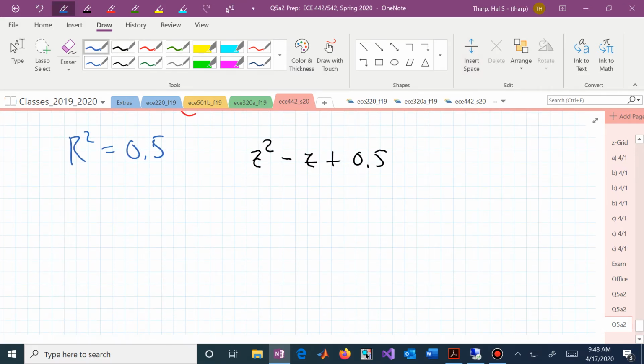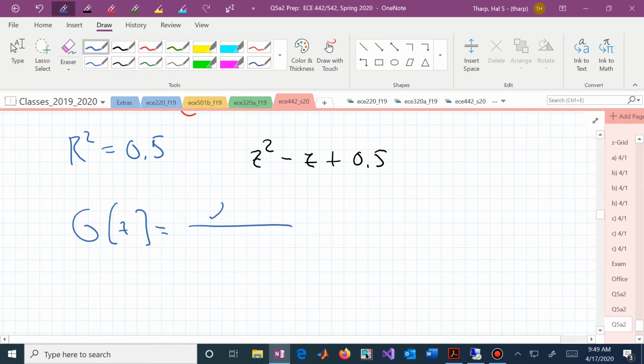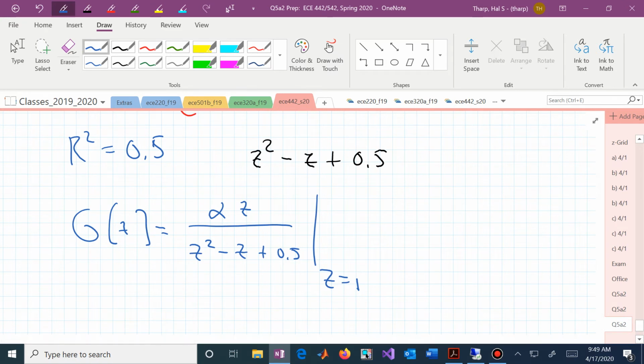We're now almost home. We know G of z's denominator. What we don't know is that alpha, but we know how to find it because we now know the DC gain. The DC gain was G of z evaluated at z equal to 1. This is now alpha times 1 over 1 minus 1 plus 0.5.